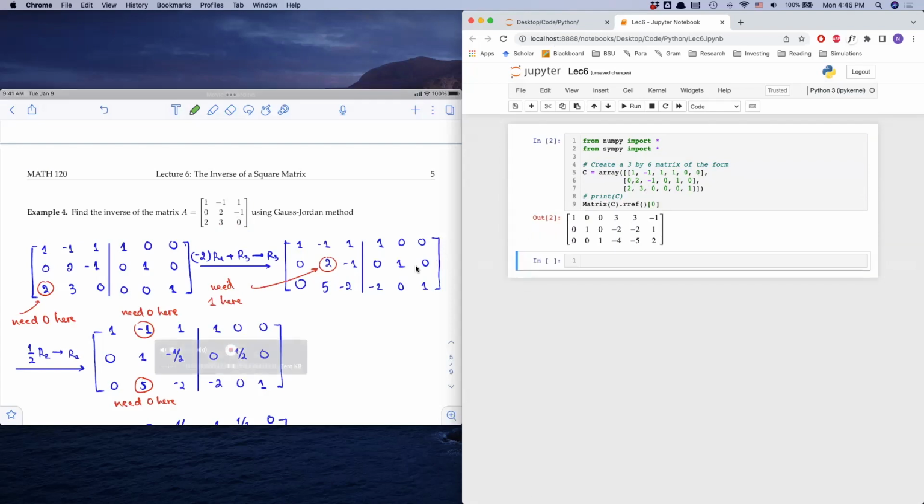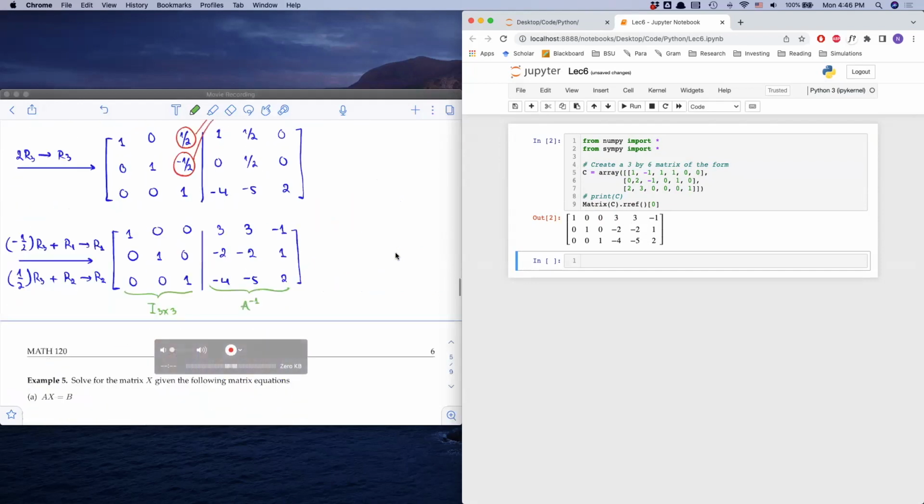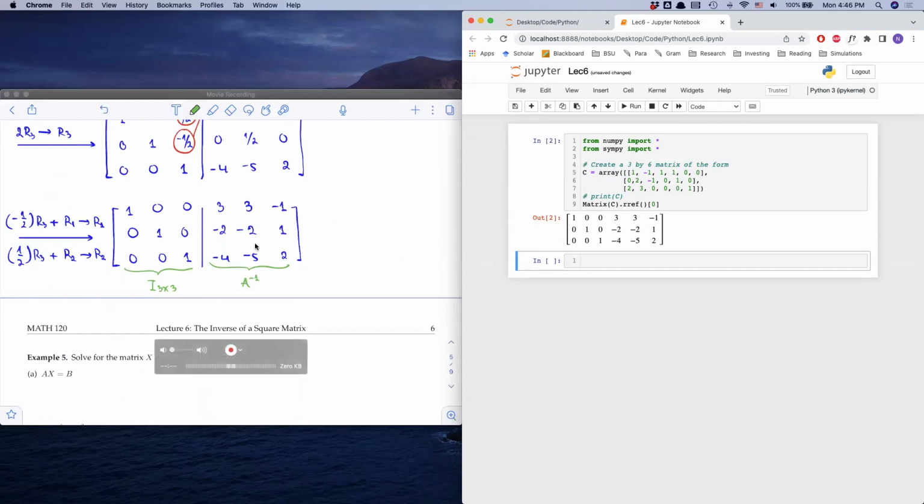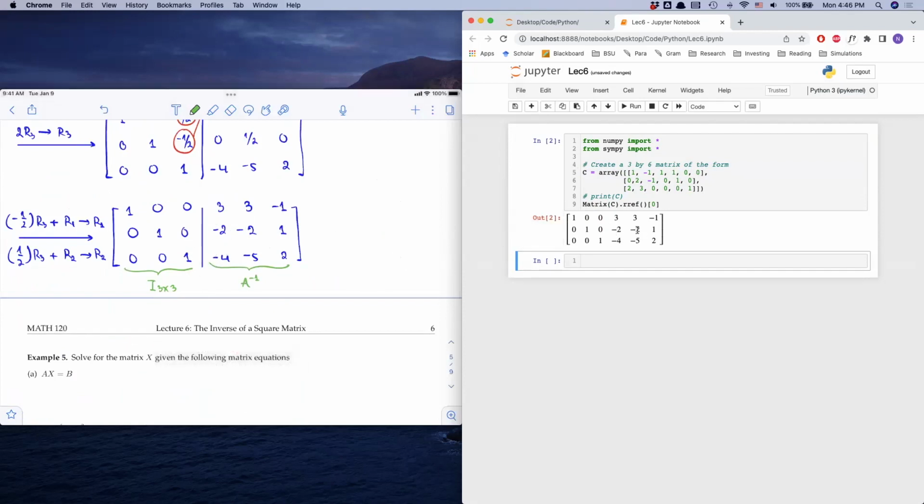And this is the reduced row echelon form of the inverse matrix. As you can see, if you do a quick comparison between the information we got in the notes and the code, they are matching.